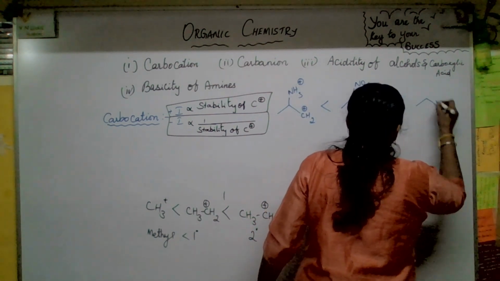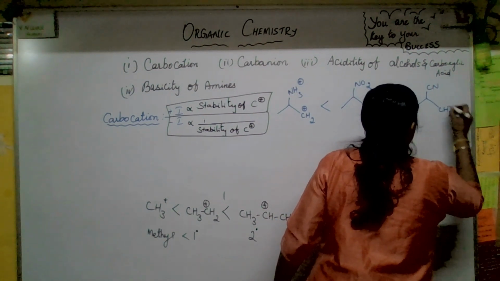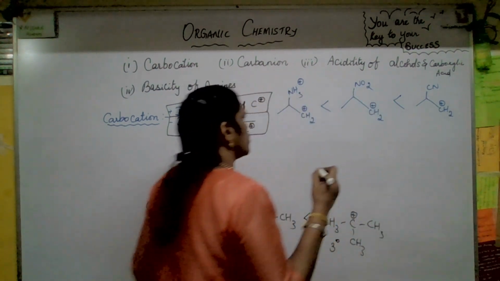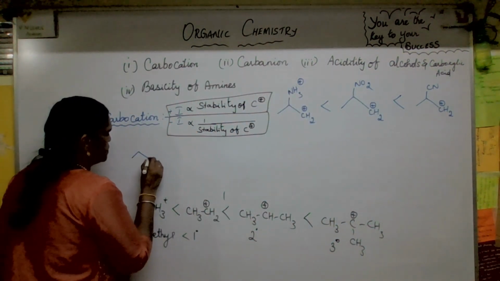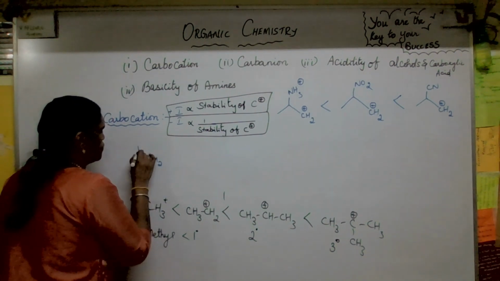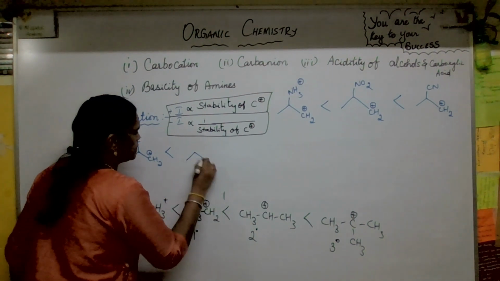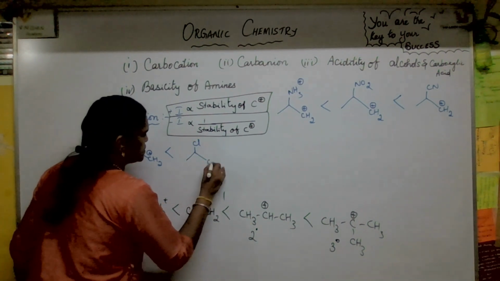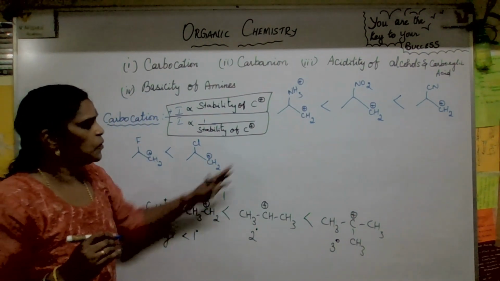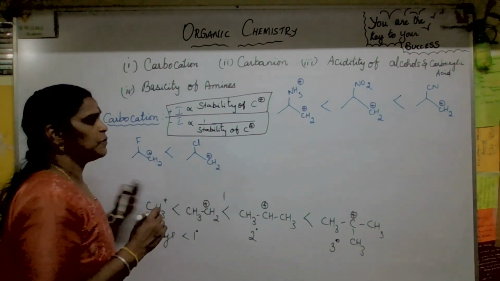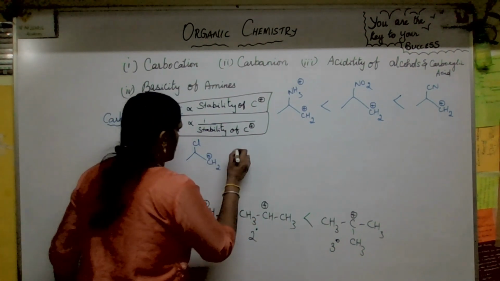Now here CN CH2 positive charge. Now fluorine, chlorine, bromine, iodine. Here CH2 fluorine positive charge and here chlorine CH2 positive charge. You just go through in a proper way so that you will come to know very clearly where there is more electronegativity. In that way you can go for it.